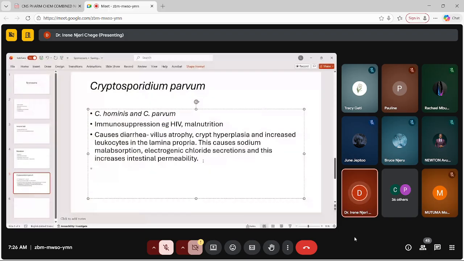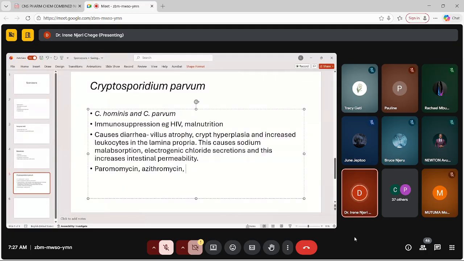How do we treat them? You can give an aminoglycoside. We've covered this one, paromomycin, which is an aminoglycoside. Paromomycin can be given, azithromycin, and then we can give another drug.